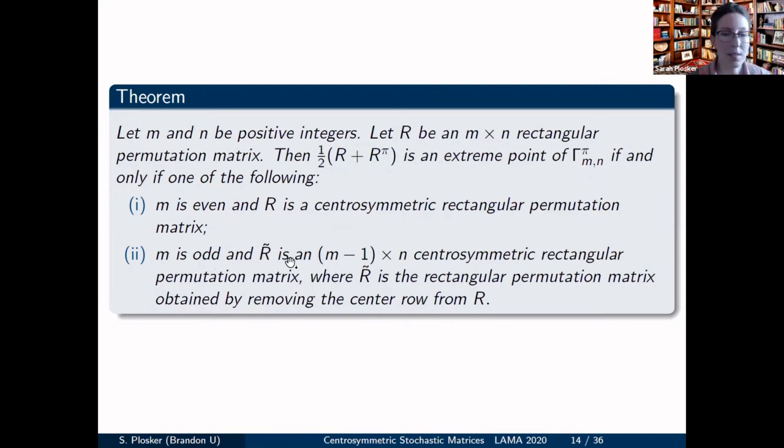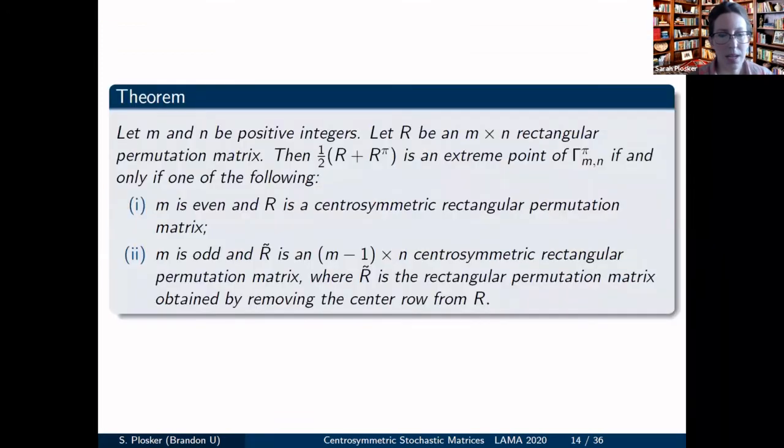If M is odd, then we have to look at R tilde, which is the M minus 1 by N centrosymmetric rectangular permutation matrix, where we've deleted that center row from R. So if we ignore that center row that has the 1/2s, then we're in the M is even case, okay?